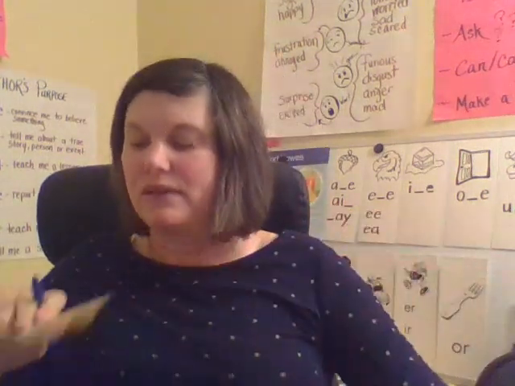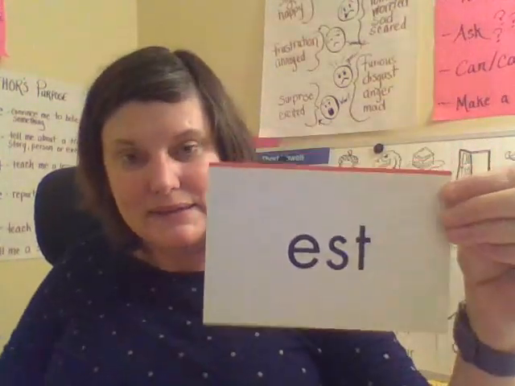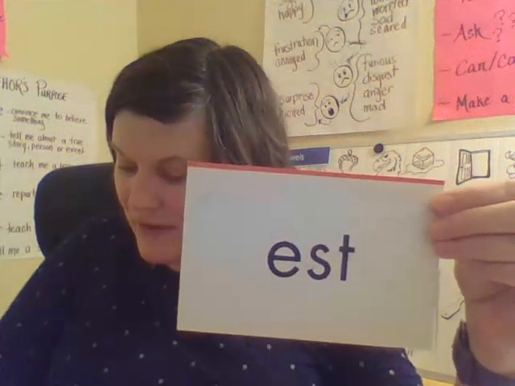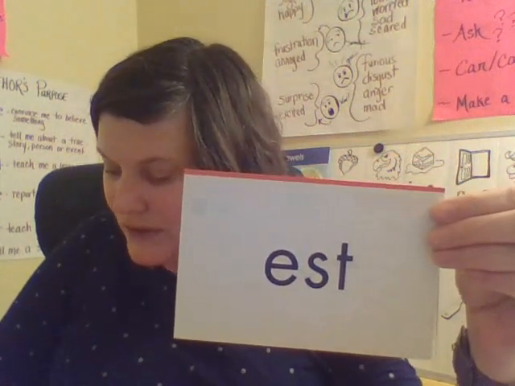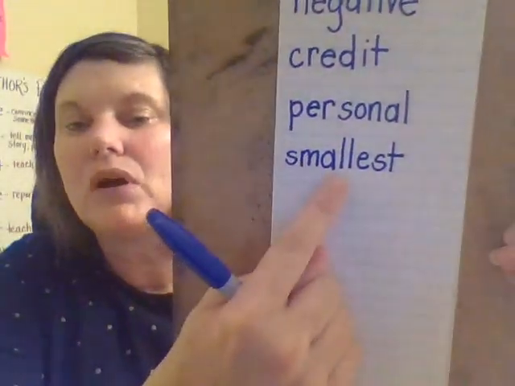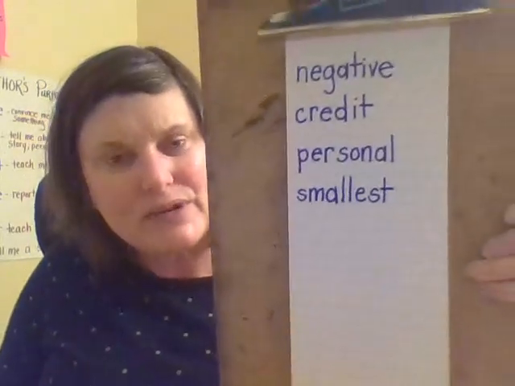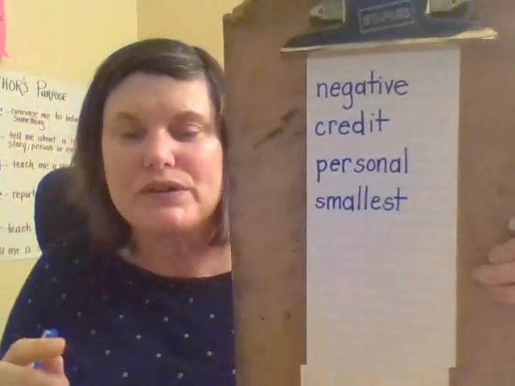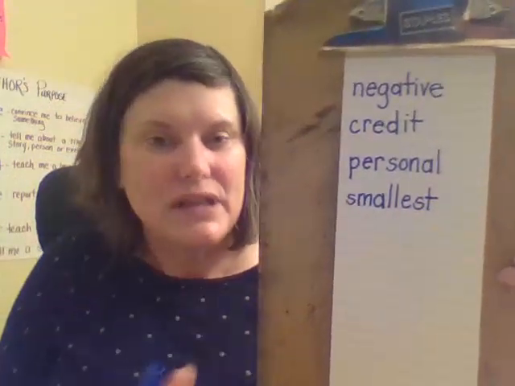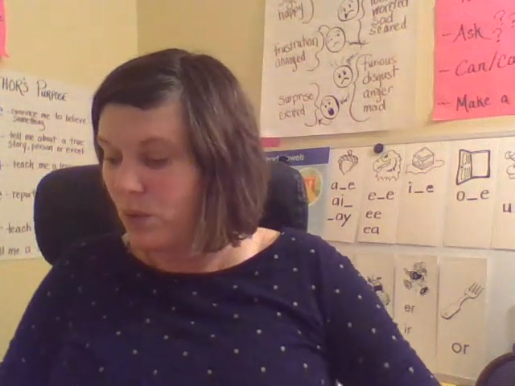That's A-L-L. So small. And then I just need to add ist to the end of the base word, and then we'll have smallest. Smallest. So do you see how helpful it is when you have a really large word you need to spell? Break it up into the individual syllables. And if you already know one of the sight syllables, that's going to help you even more.